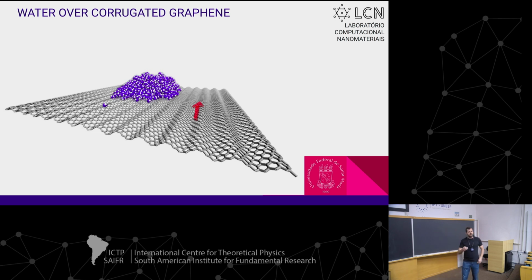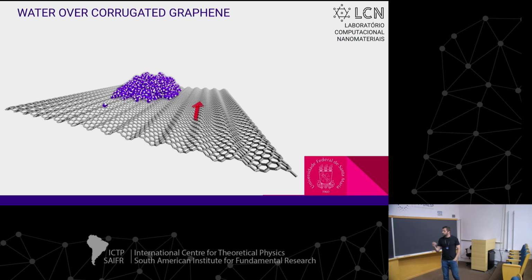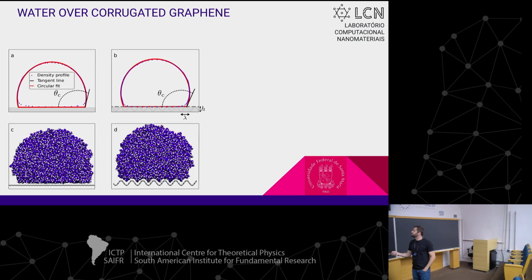Of course, it's very hard to define roughness, so we try to start with a very controlled environment. This environment is based on wave functions, with one parameter being the wavelength and the other being the amplitude of the wave. So we're going to control those parameters and see how water moves towards the surface of graphene.